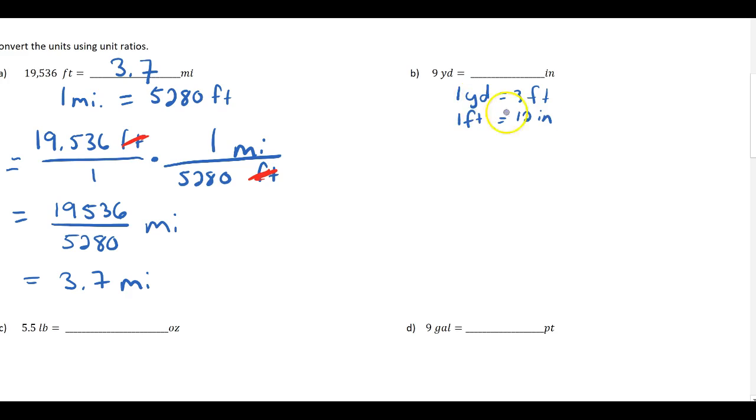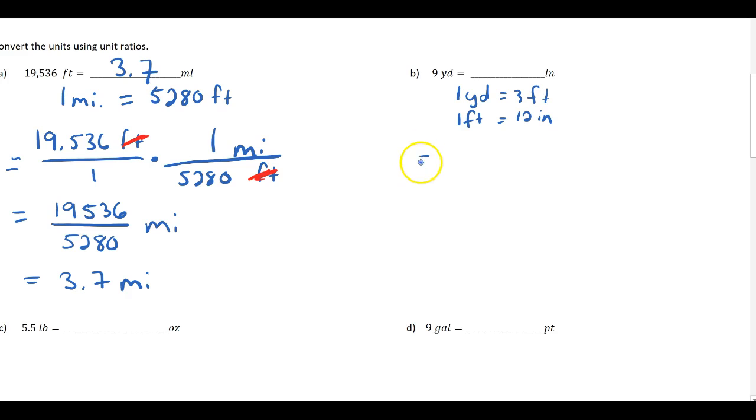I don't have it where it goes straight from yards to inches. Now, some of you may notice that 1 yard is 36 inches because you multiply the 3 times the 12. That works as well. I'm going to show you here how to use double conversions, where we can't go straight from one to the other.